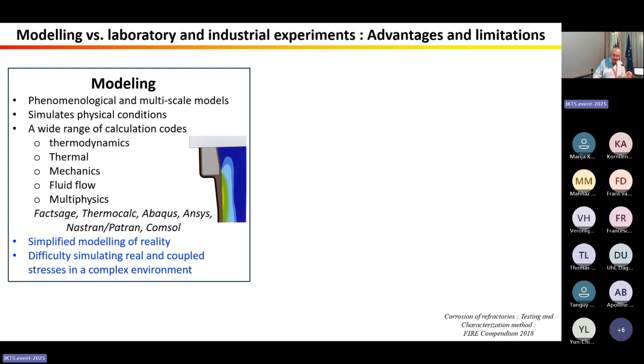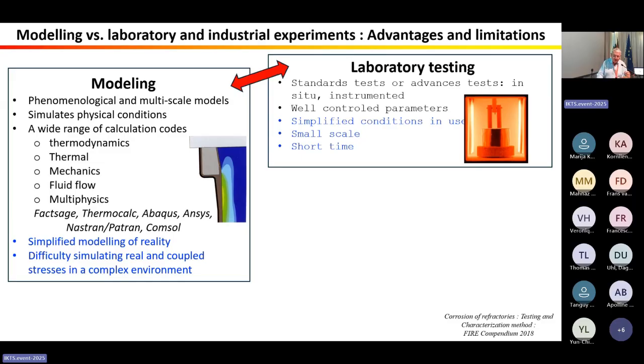What are the advantages and the limitations of laboratory tests? We can use standard tests and advanced in situ experiments. We have very well controlled parameters, but we are typically in simplified conditions of use, with a small scale and a very short time.